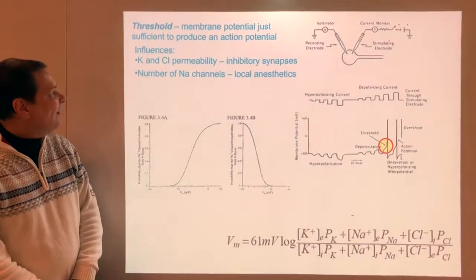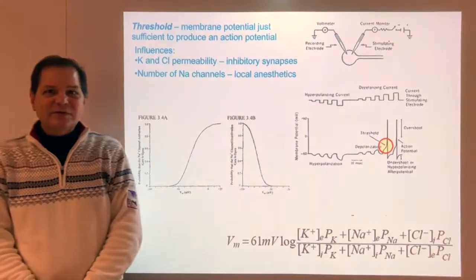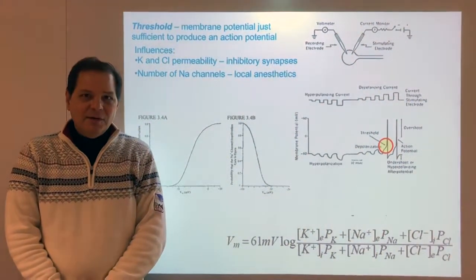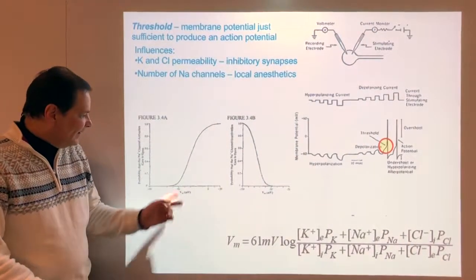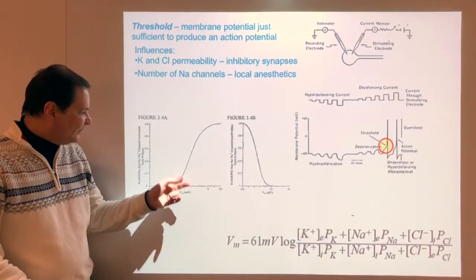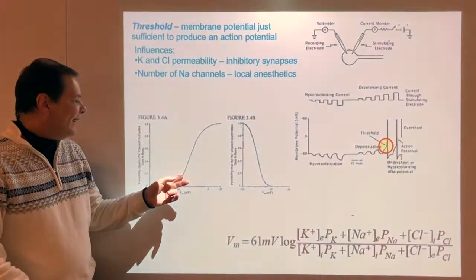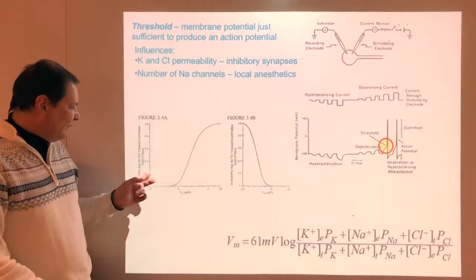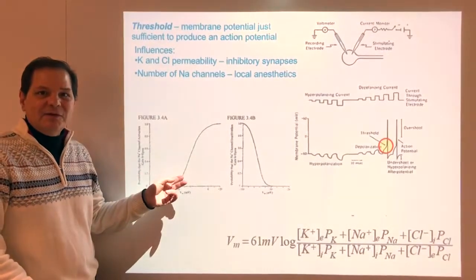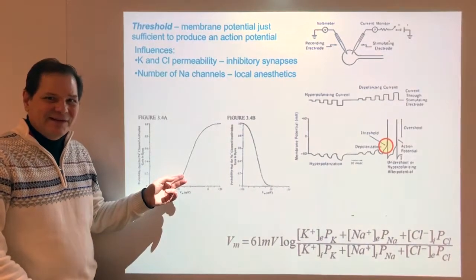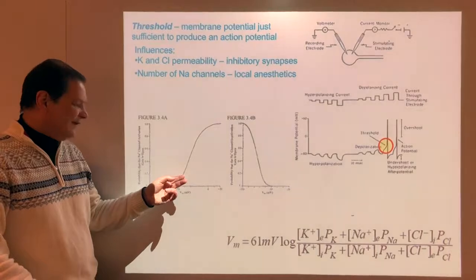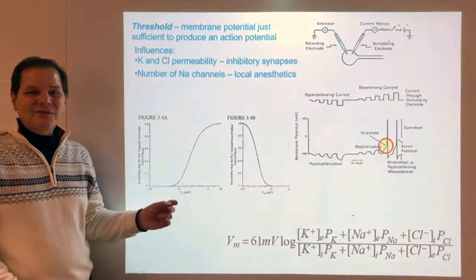If I have a reduced number of sodium channels, that makes it harder to get that regenerative reaction. So let's say I depolarize my membrane and I go to -40. Well, if I have 1,000,000 channels, 20% of 1,000,000, that's pretty good. That's 200,000 channels. But if I have 10,000 channels, then 20% of 10,000 is 2,000.